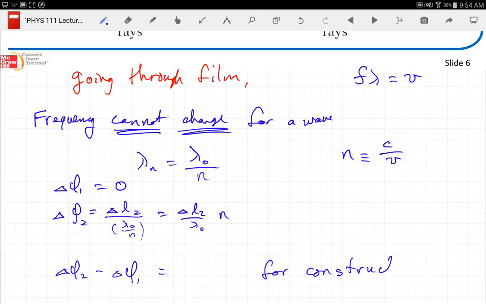You remember that? Anyone? What was the phase difference necessary for things to be in phase, to have constructive interference?